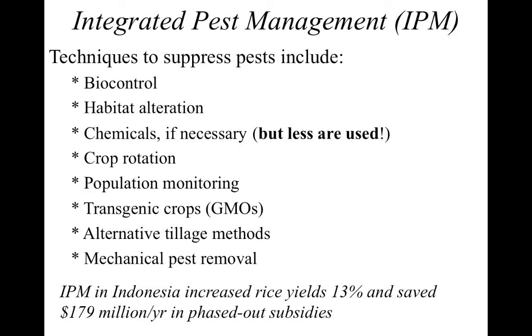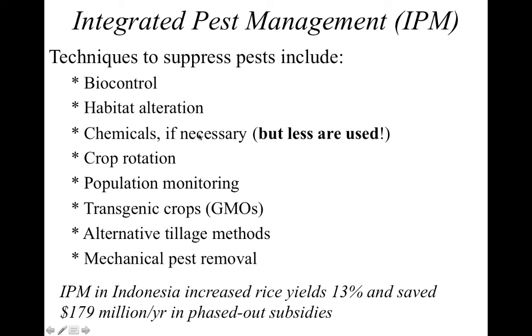So the concept of integrated pest management, IPM for short, is where you manage pests using different techniques, and it actually lessens the amount of pesticide chemicals that are needed. It's using a combination of things plus technology. Techniques to suppress pests include biocontrol, that's using beneficial insects, for example, using living creatures to lessen the number of insects.